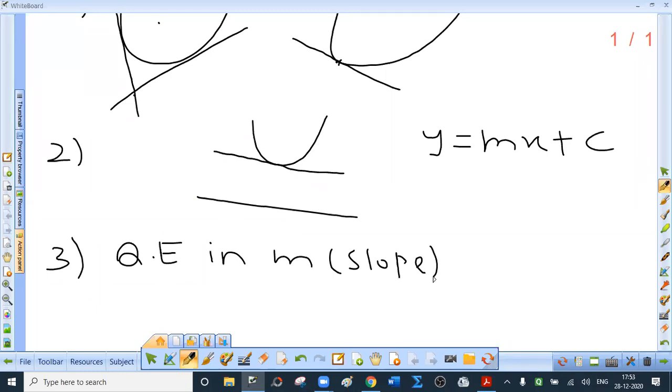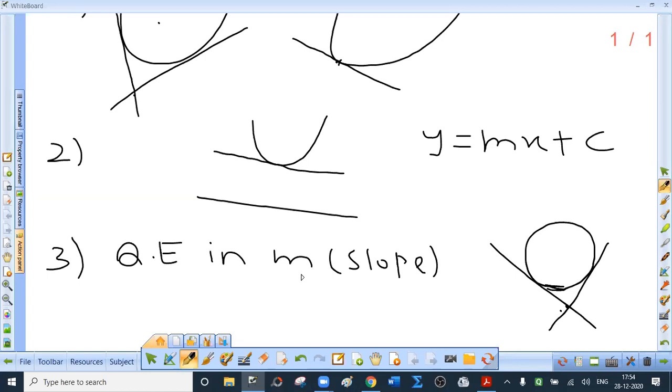Now it's a quadratic equation. So there are three possibilities. Roots are real and distinct. Means two distinct tangents can be drawn from a point in the same plane. Consider this particular curve, which is clearly a circle. Yes, two distinct tangents can be drawn from this point because the roots of the quadratic equation in m are real and distinct.